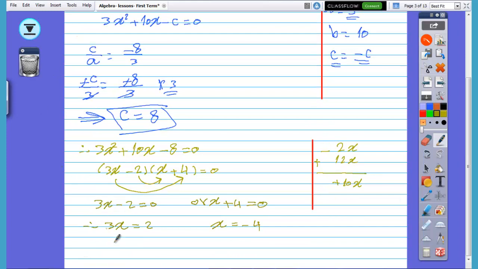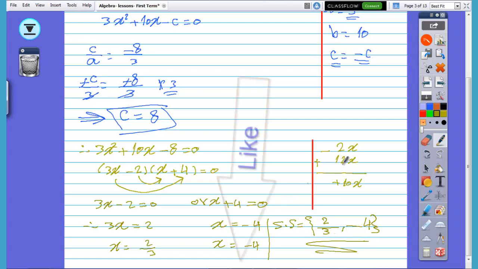It means x equals 2 over 3 and x equals negative 4. And the solution set of this equation equals 2 over 3 and negative 4. Now we'll go to the next question.